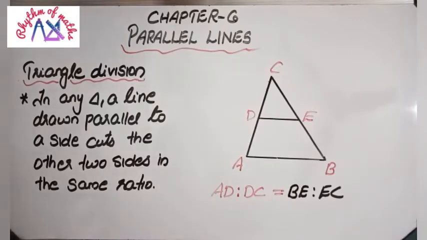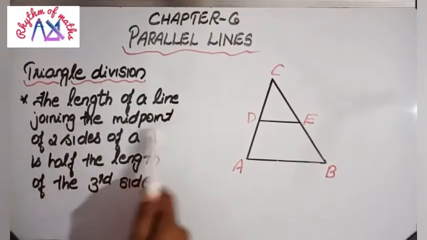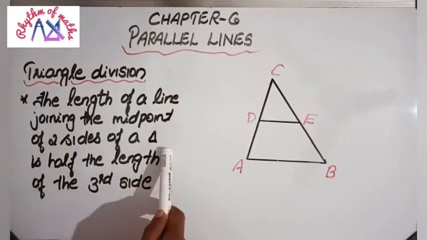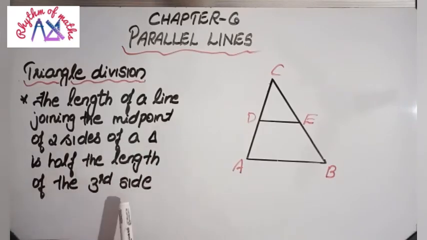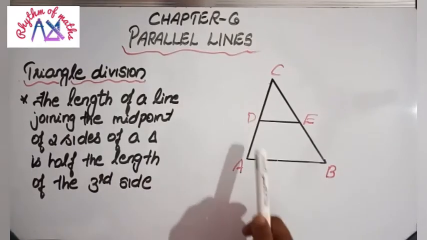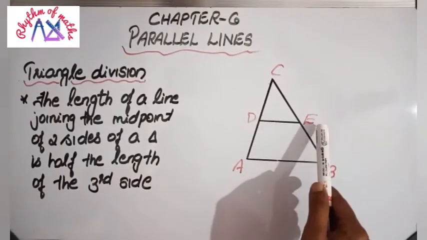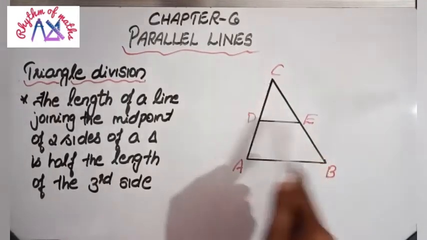Now the third concept is, the length of a line joining the midpoints of two sides of a triangle is half the length of the third side. That means the length of the line joining the midpoints of two sides. Consider this triangle ABC. Suppose this point D and this point E are midpoints of these two sides.